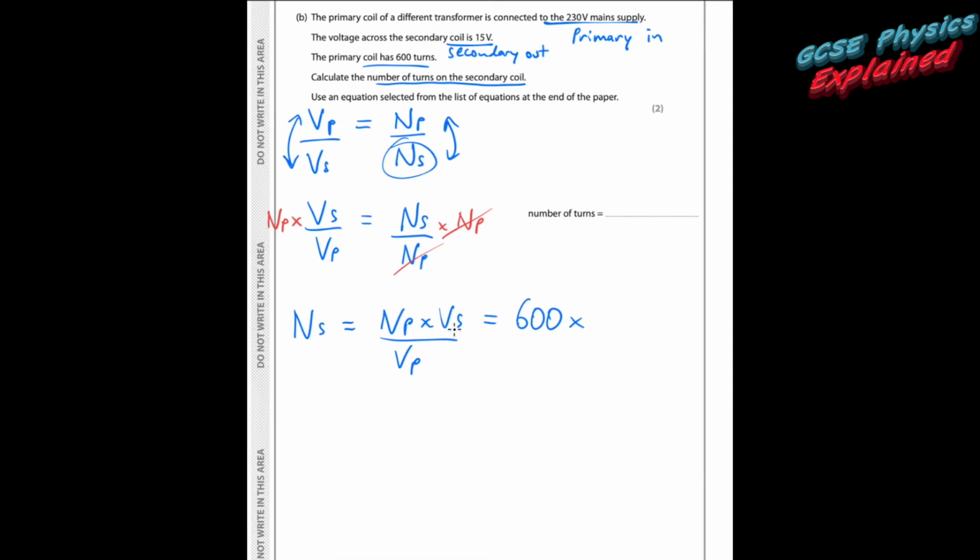Multiply that by the voltage on the secondary, which was 15. And divide that by the voltage on the primary, 230. And that equals 39.1 turns. So that's basically 39.